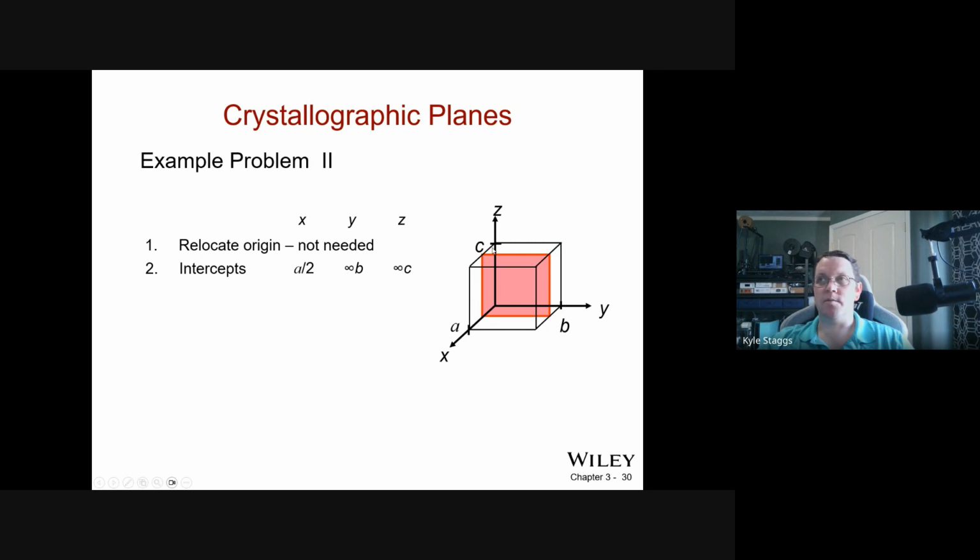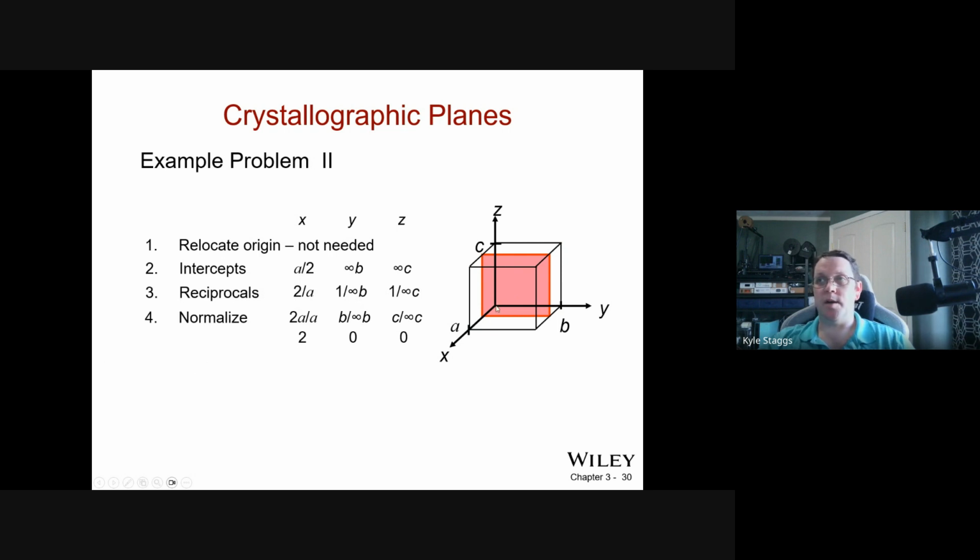So it actually forms lines effectively across 2 different planes within our axes. We do the reciprocals. So we get 2 over A, 1 over B over infinity, C over infinity, multiply through by those unit cell directions, and we get 2, 0, 0.